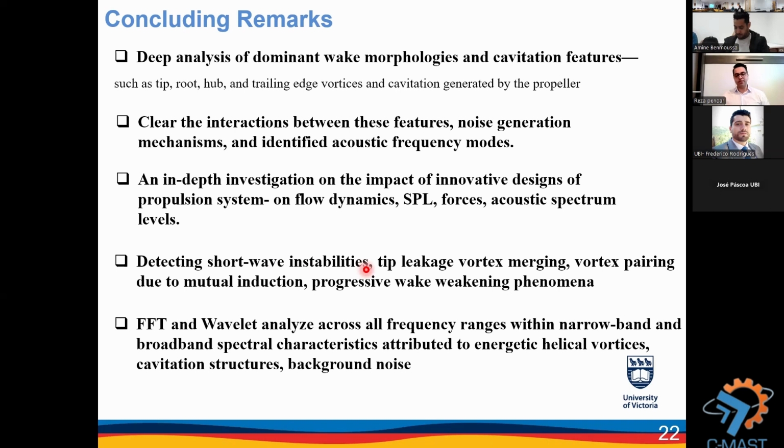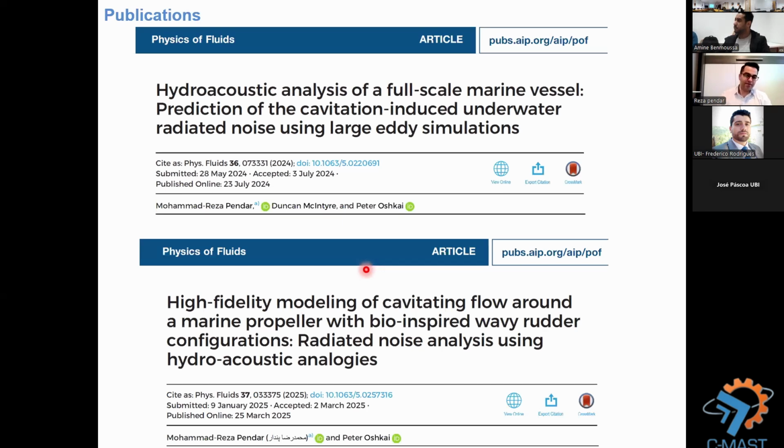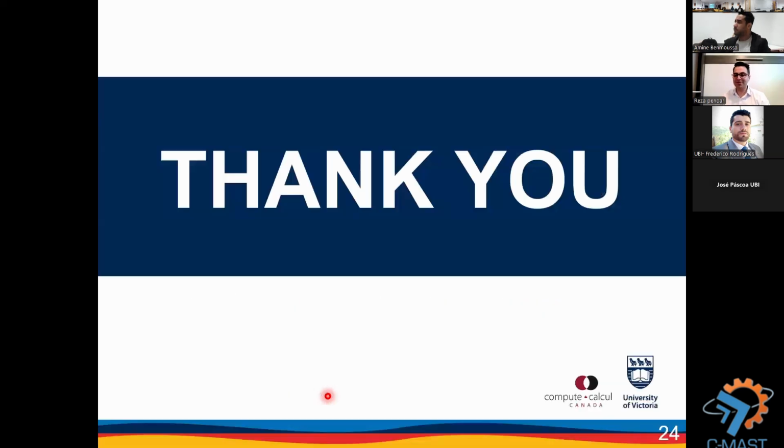Using different methods, we suggest a new design, a new generation of marine propeller with components of a divergence boost cap fin, with fins, and also with a vortex generator and duct. From our work, we recently published 2 papers in Physics of Fluids in 2024 and 2025. For more information, you can check them. Thank you so much for your attention.